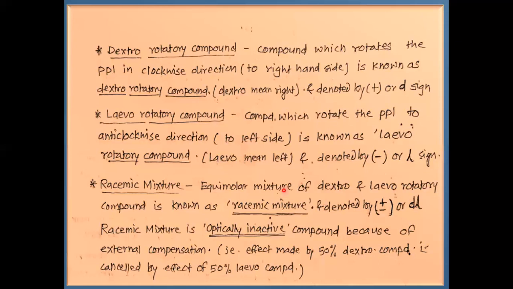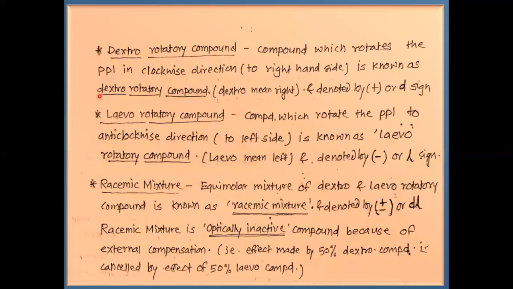An equimolar mixture of dextro and levorotatory compounds is known as a racemic mixture, and it is denoted by plus-minus or the DL sign. Now here, structure 1 is dextrorotatory and structure 2 is levorotatory, or vice versa.